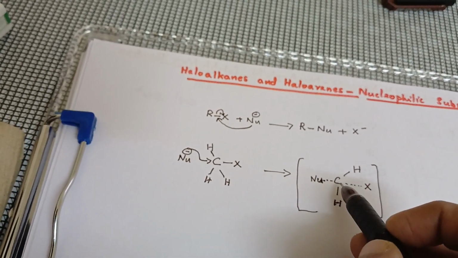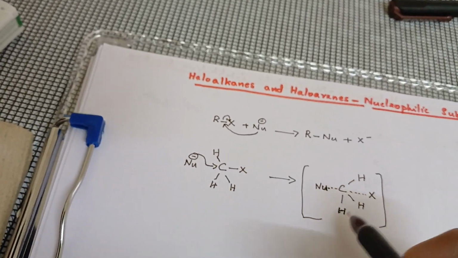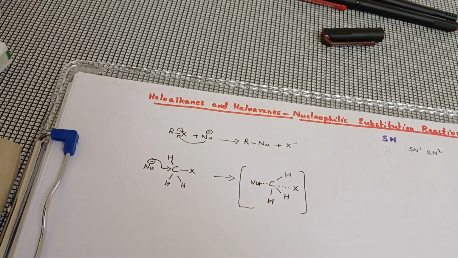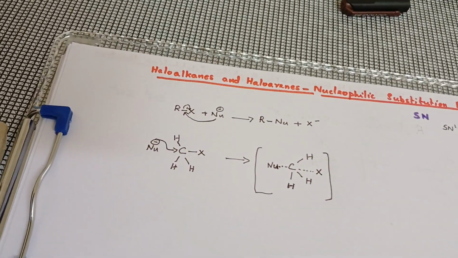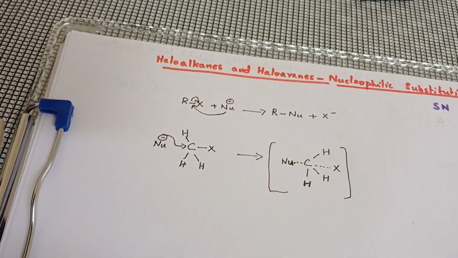Unstable because here we can see that carbon is attached to 1, 2, 3, 4, 5 groups. Now a carbon cannot extend its valency beyond 4 because it doesn't have d orbitals.